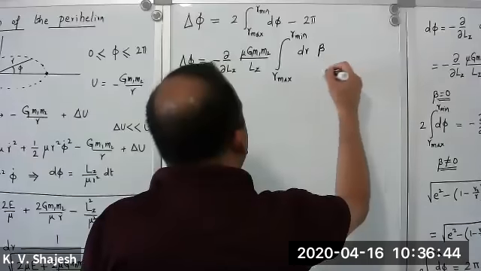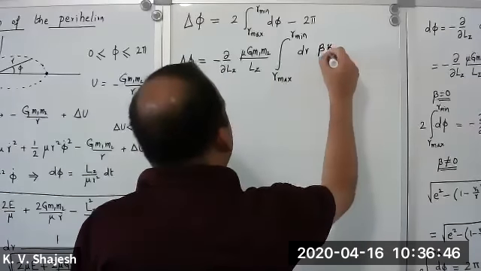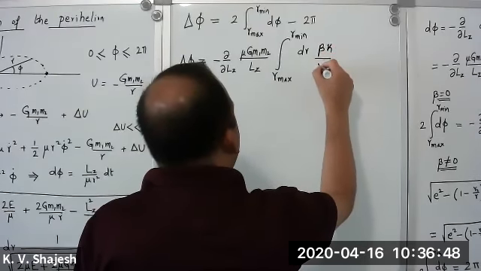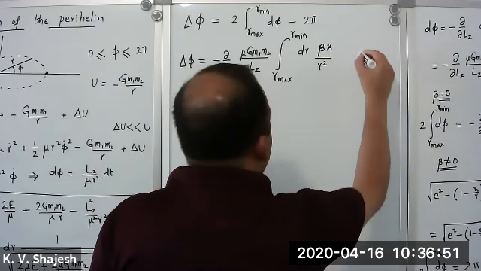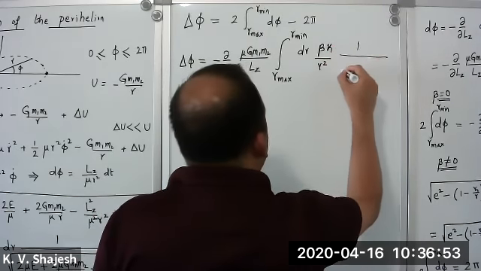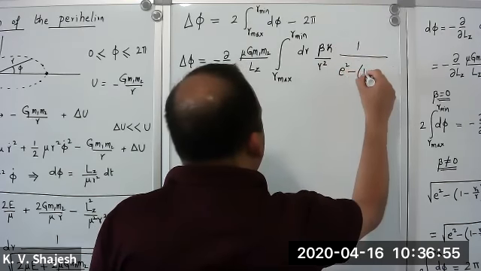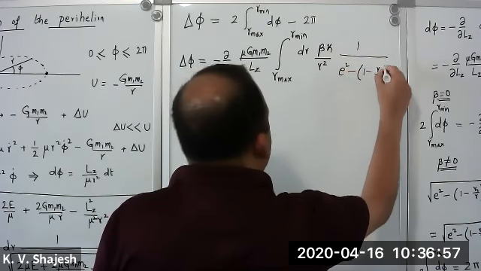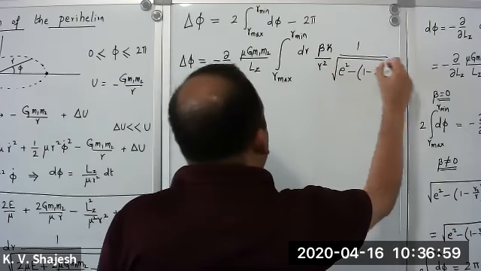So this is kappa over r squared, and I have 1 over e squared.